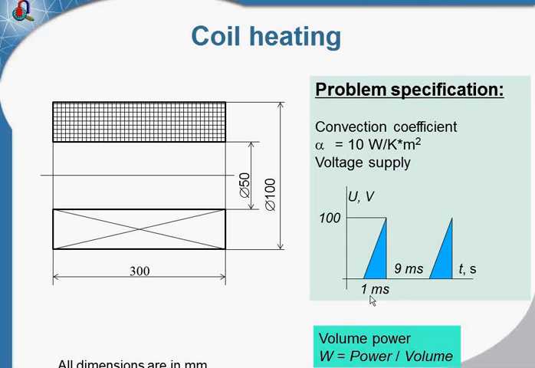The pulse duration is 1 millisecond and the pause between pulses is 9 milliseconds. The coil is cooled by the air and the convection coefficient is 10. So there are two tasks here. The first one is to calculate the losses and the second one is to calculate the temperature.